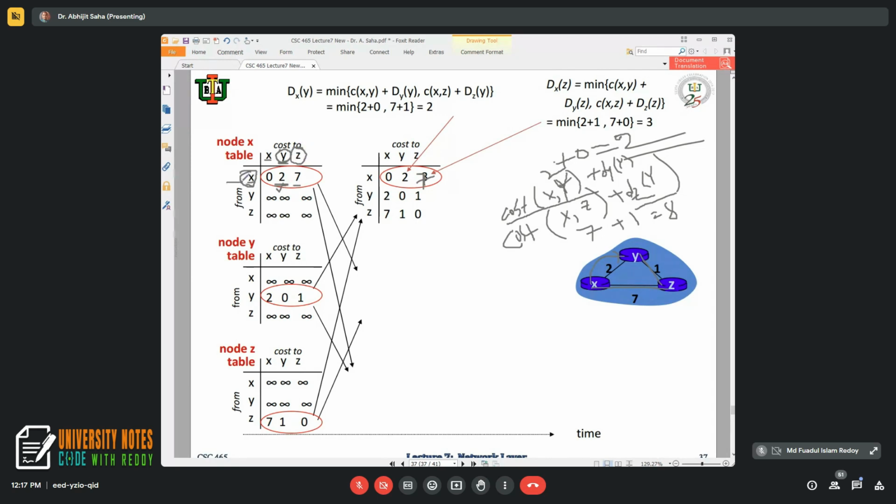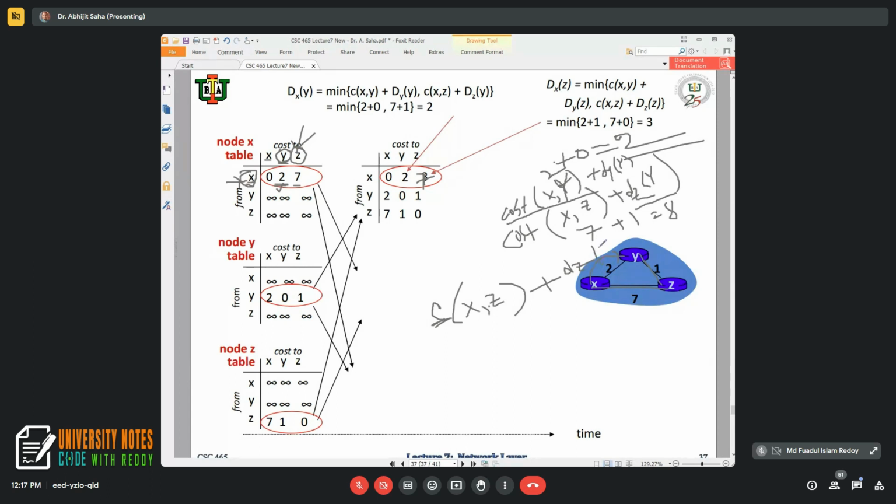Now we are interested in going from node x to node z. Find out what is going to happen here. We want to go from node x to z. I am writing c to mean cost. The cost of x to z plus dz to z, because z is my destination now.